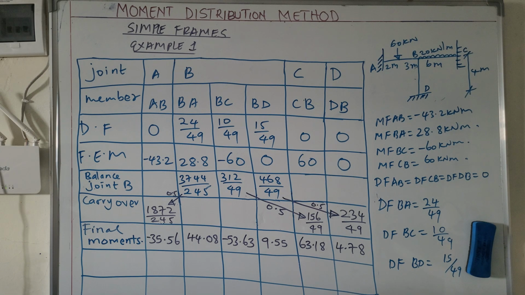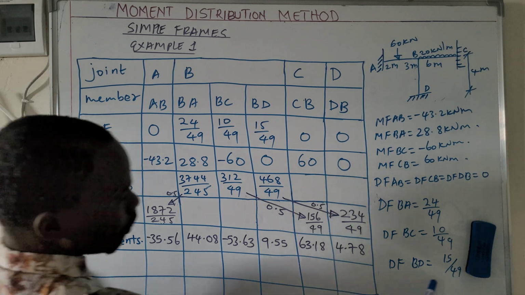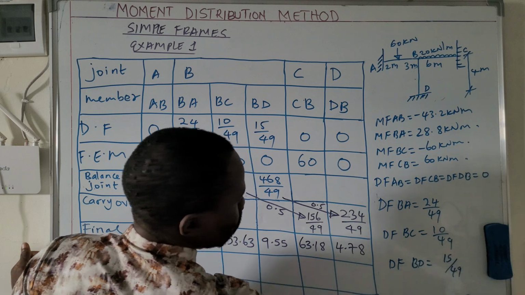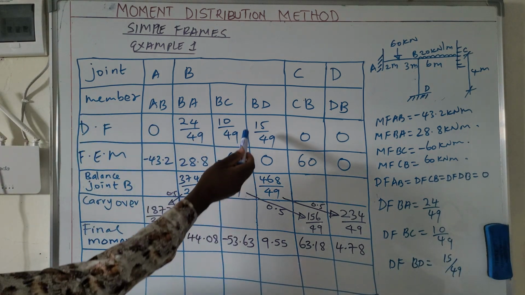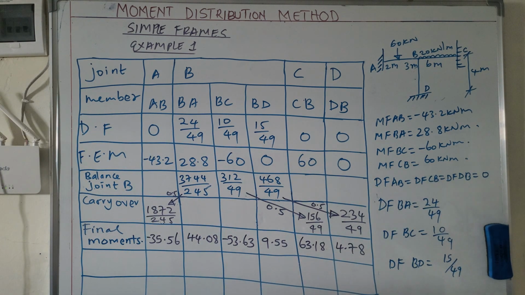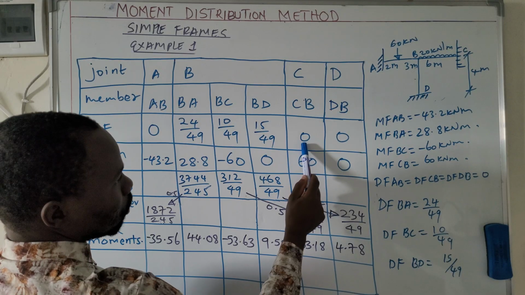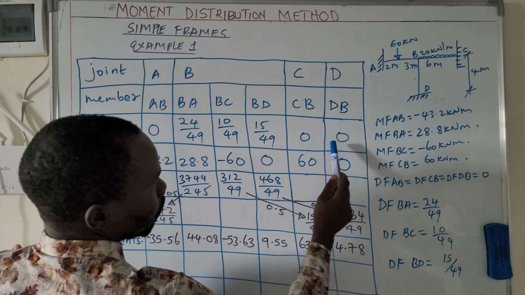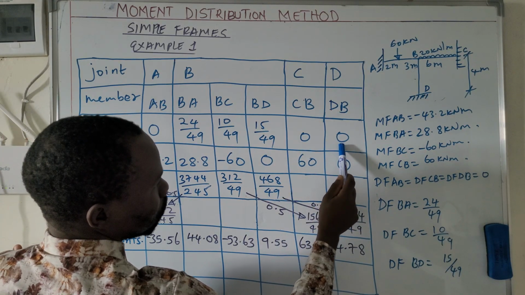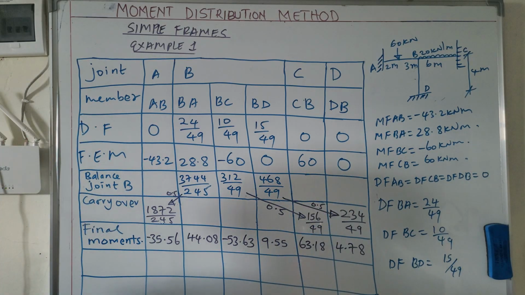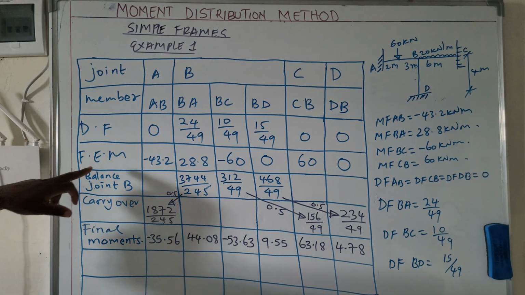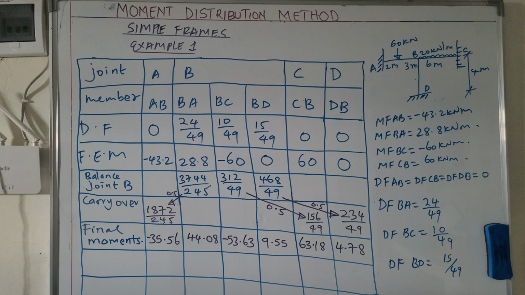We have 15/49. And then member CB, CB is 0. And then the last one, DB, 0. Put 0 there.